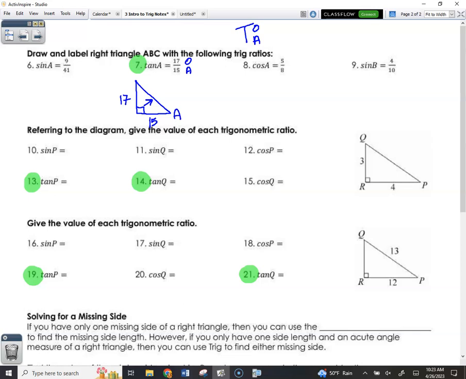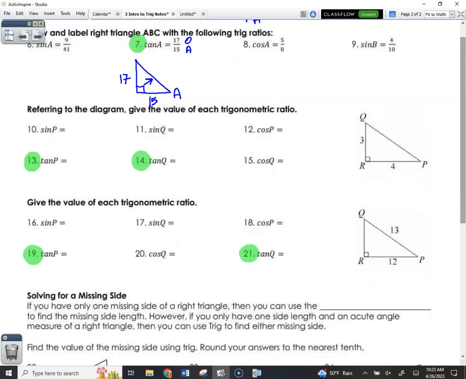All right, look at the next section of questions. Referring to the diagram, give the value of the trig ratio. This means they want the fraction. Okay, so come to the picture. Let's draw an arrow to our hypotenuse. Look at number 13. It says, what is the trig ratio for angle P?